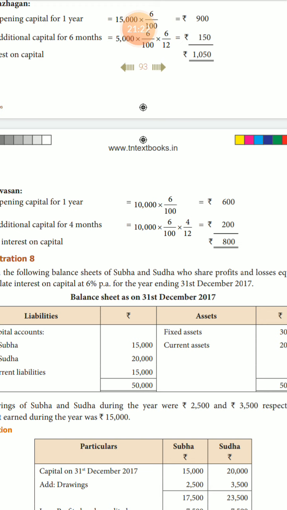Loss or expenses means DR. Interest on capital is reflected on the DR side of the profit and loss account only. Interest on capital means some capital you borrow as investment, and for investment in capital you pay interest. That is an expense only. Okay students, everybody understood?